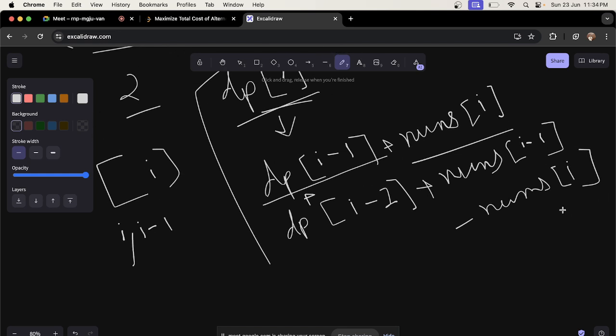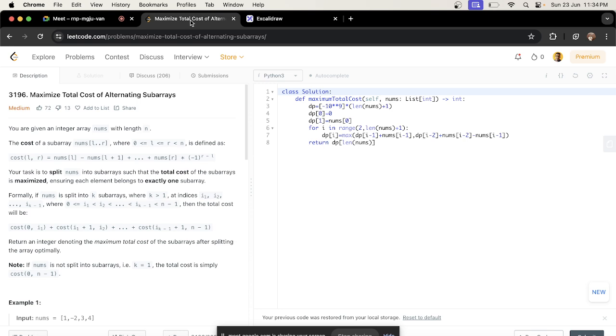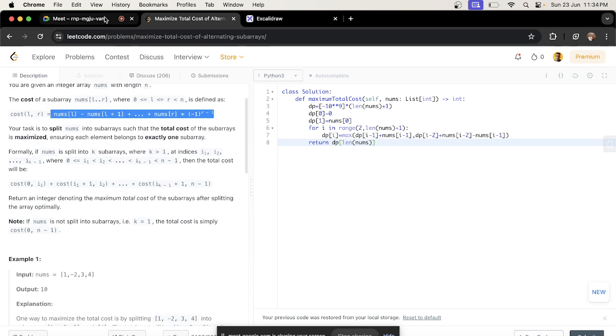Or it is the value we got considering i-2 elements plus the value of the subarray containing the i-1th and ith elements, which is nums[i-1] minus nums[i]. And then we return the last element in the dp, which we get considering all the elements. Simple, clear?